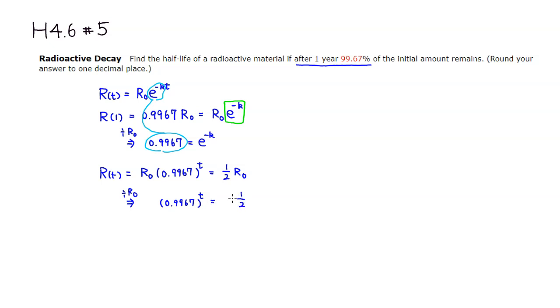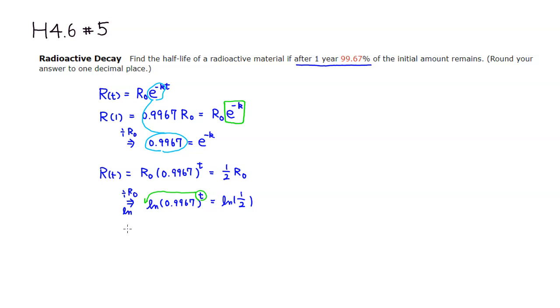Since we have to isolate t, and it's an exponential function, we take the natural log of both sides. So we put ln on both sides. What's good about this is that using the log property, we can bring t right in front of the natural log.